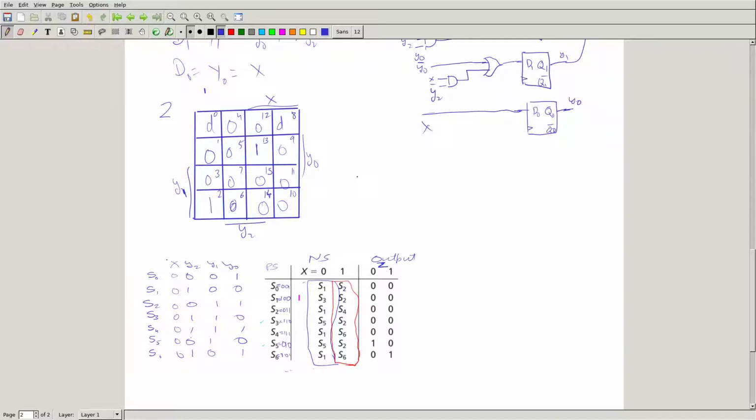So there is no grouping possible in terms of 1s, but we can write these two ones explicitly by saying x y2 y1 bar y0 plus x bar y2 bar y1 y0 bar.